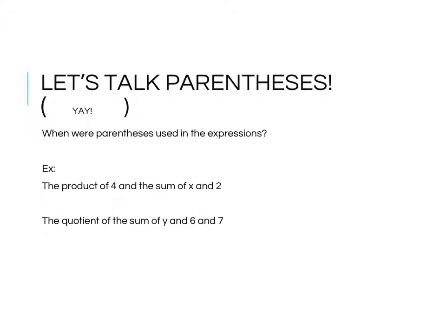We use parentheses to group, to organize what we do first. And you know that you've seen please, excuse, my dear Aunt Sally numerous times, and that's called the order of operations, and that's what parentheses help us with. So in the case here we're looking at this, we have the product of 4 and, so we're going to multiply 4 times something, the sum of x and 2.